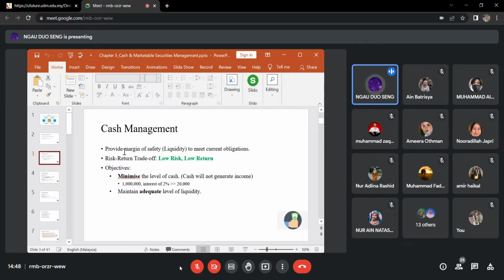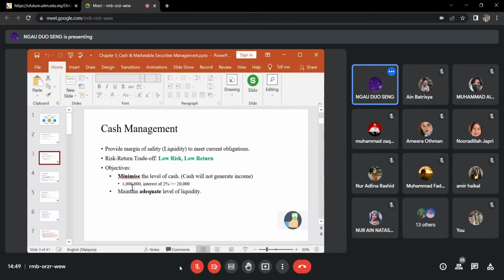So risk-return trade-off: we have lower risk, lower return; high risk, high return. So the objective is to minimize the level of cash, because cash will not generate income. So the company will try to maintain it as low as possible. Say we have 1,000 interest.